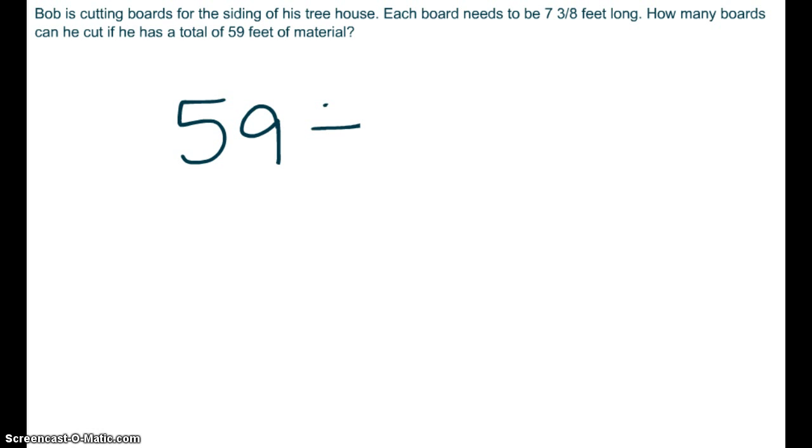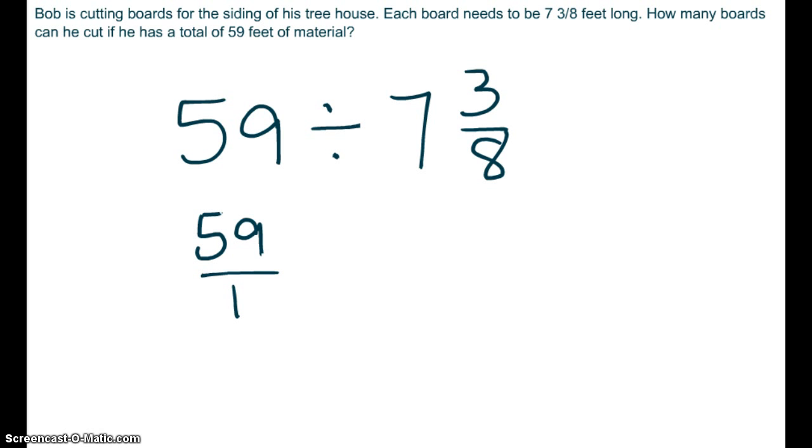And we want to split that, or divide that, into pieces that are 7 3/8 feet long. So all we have to do is divide 59 over 1 by 7 3/8. I'm going to change this into an improper fraction. So 8 times 7 is 56, plus 3 is 59 over, now I'm going to keep 8.